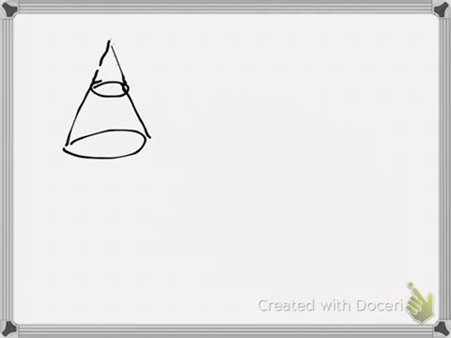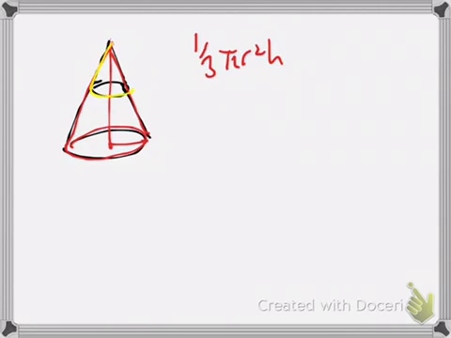Frustums. A frustum is a cone with the top cut off it. So for example, if you've got a cone coming up and then you cut the top off it, so that top's missing. Okay? All you do to get the volume of a frustum is get the volume of this whole cone, okay, using this radius down the bottom, and the full height with a third pi r squared h. Okay, and then you take away the volume of the top cone that's missing, which is this cone.